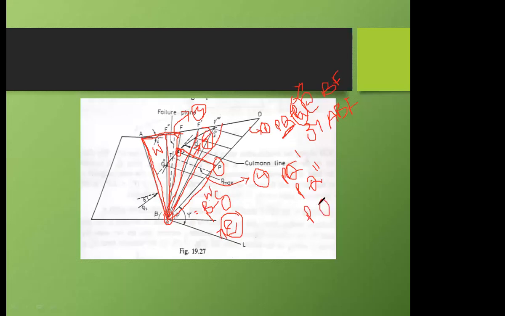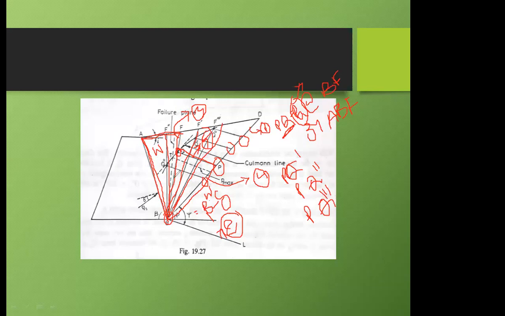We have discussed the procedure to draw PQ lines, so you need to repeat the procedure to draw these lines. PQ double dash, PQ dash, PQ triple dash. It may not be PQ, so you can represent with some other letter also, otherwise you can say P dash, P double dash, like that.